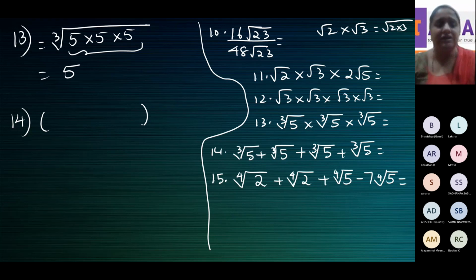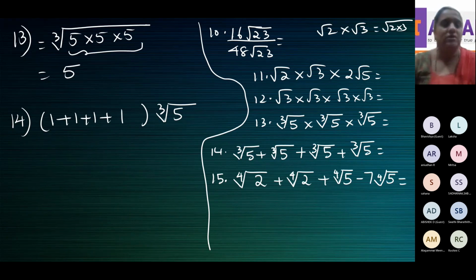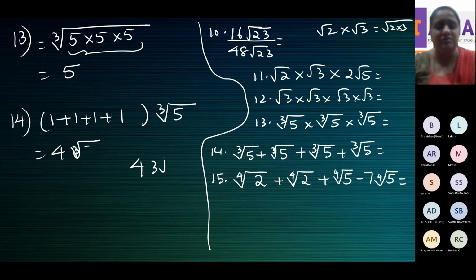When it's addition, it's like you're taking cube root of 5 common. So it will be 1 plus 1 plus 1 plus 1, which is 4 cube root of 5. You should put the 3. See, it's not 4, 3 like this. You must properly write cube root of 5.